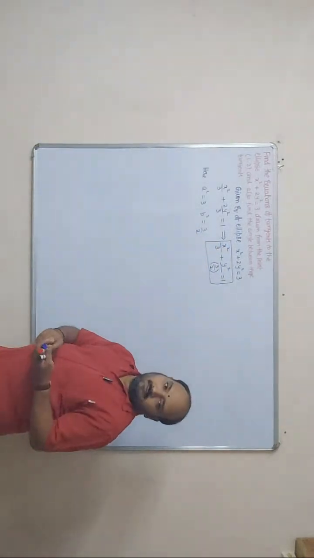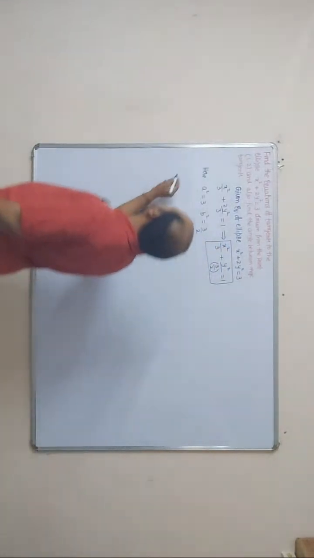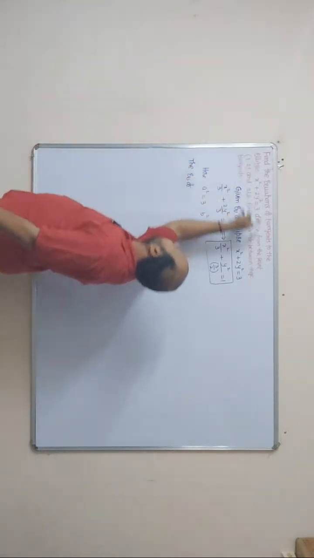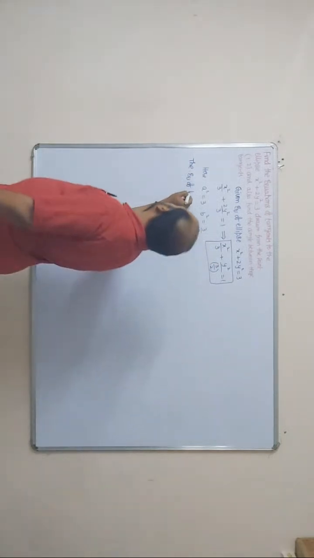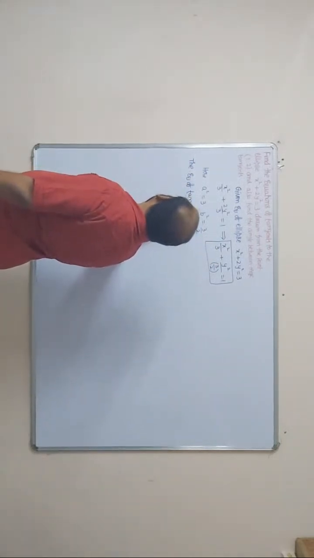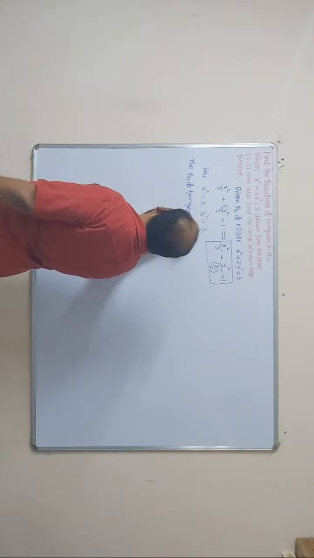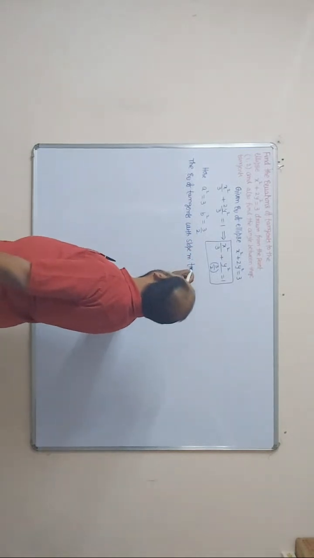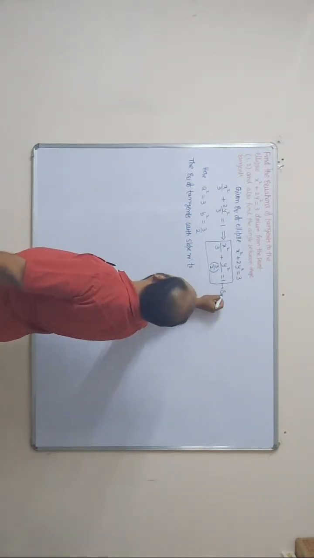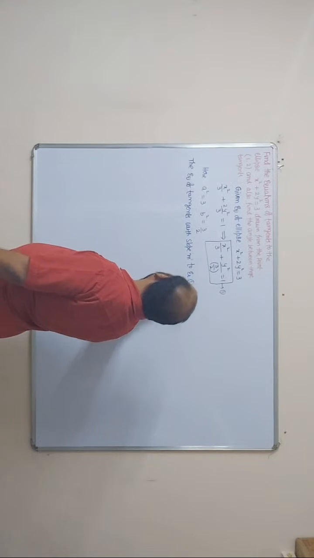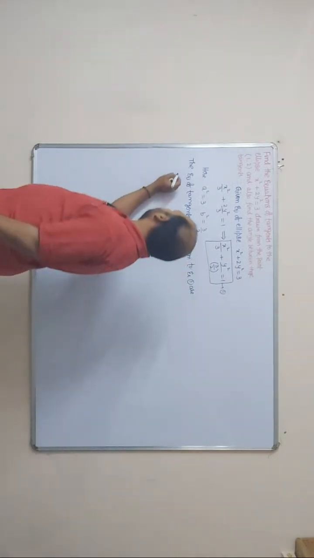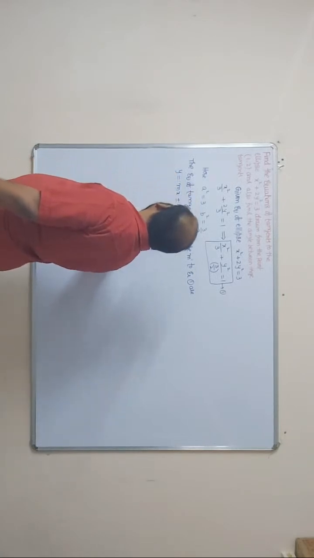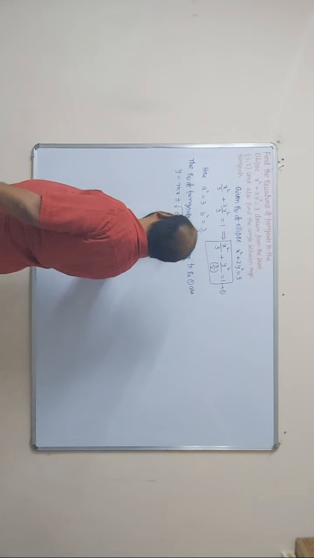After that, the equation of tangent. They are asking to find the equation of tangents. The equation of tangent with slope m to equation 1, we know, is also a standard formula: y is equal to mx plus or minus root over a square m square plus b square.